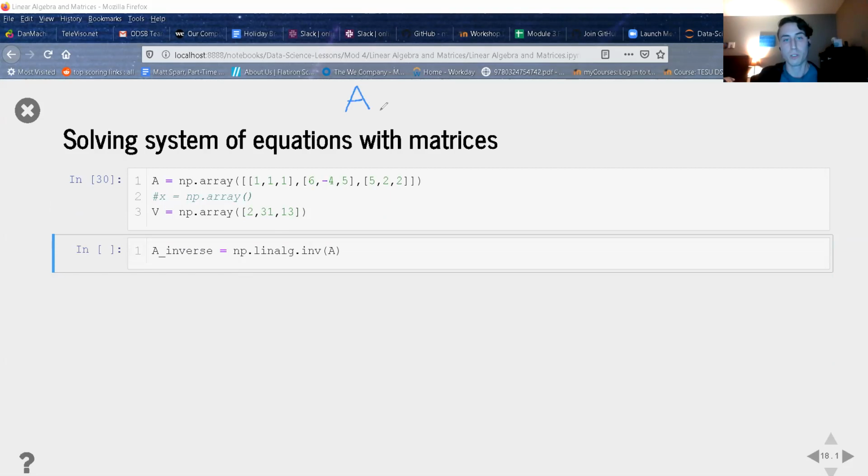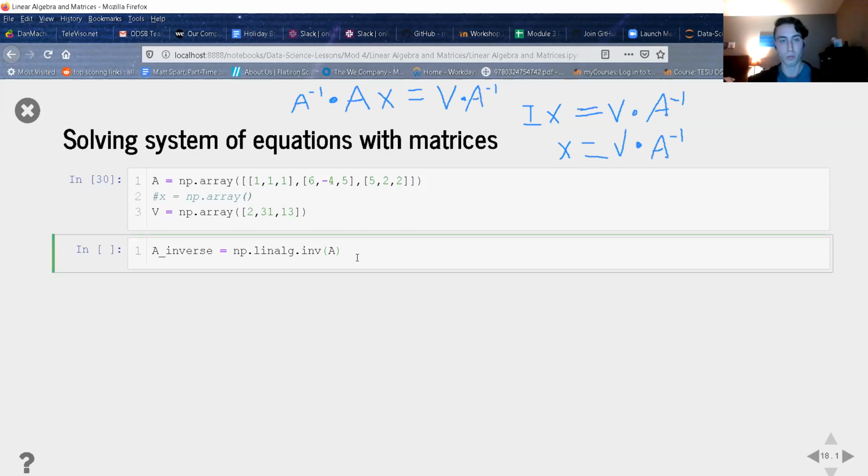So basically we have our coefficient matrix A, we have our variable matrix X, and it equals our product matrix V. So if you remember the property of multiplying a matrix by its inverse, that it equals the identity matrix, we can basically multiply both sides by the inverse of A. And then we would get the identity matrix times X equals our V dot the inverse of A. And the identity matrix times X is just going to be X. So X will be equal to V dot the inverse of A. So that's kind of the idea behind solving it.